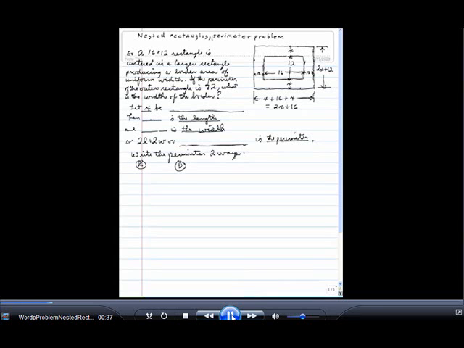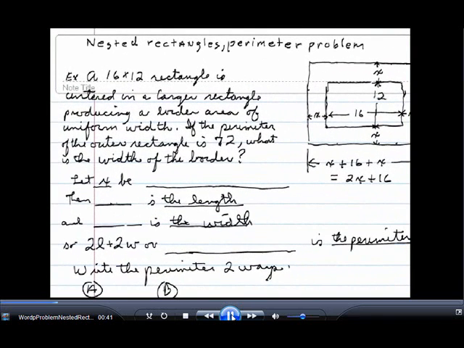So you see the little rectangle inside the big rectangle, and you see a border that's the same size between the two rectangles, same size all the way around. It says if the perimeter of the outer rectangle is 72, what is the width of the border?